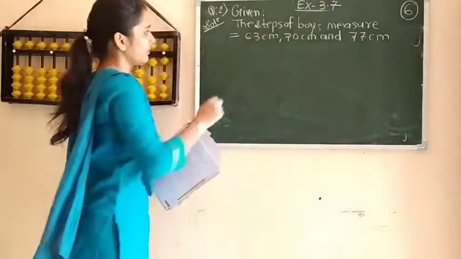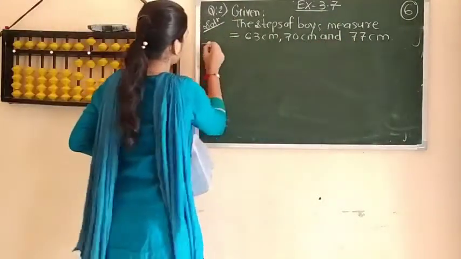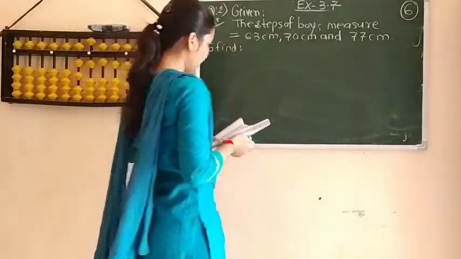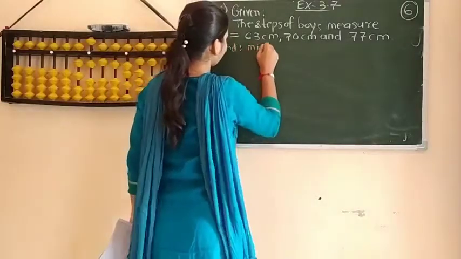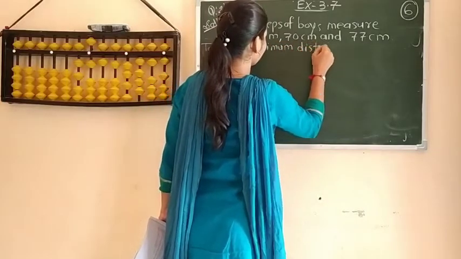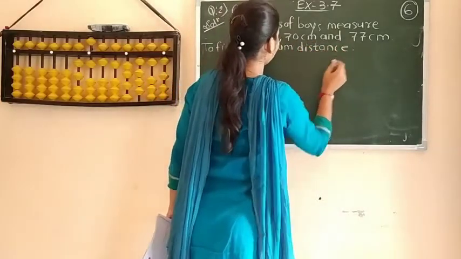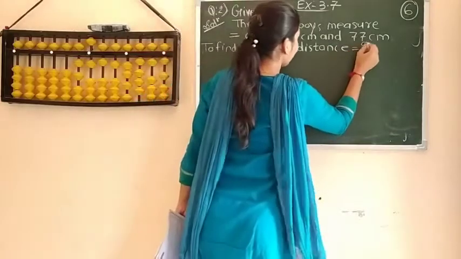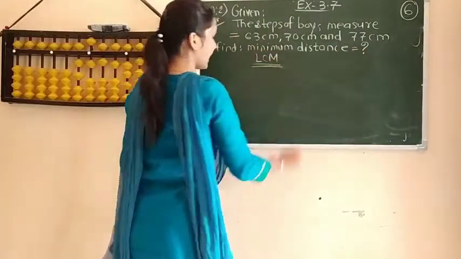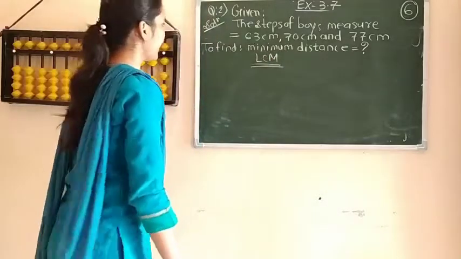These numbers are given. What do you have to find here? Minimum distance. For finding the minimum distance, we will go for LCM.